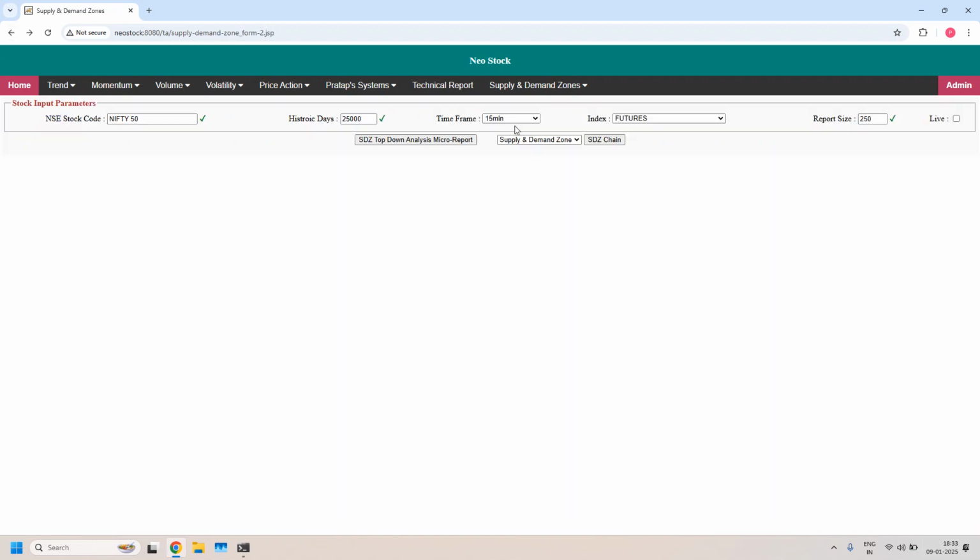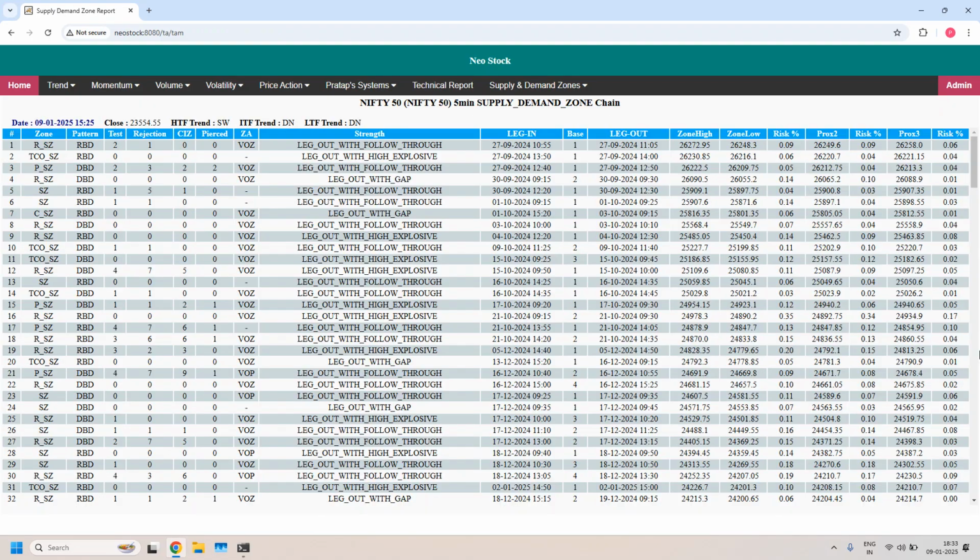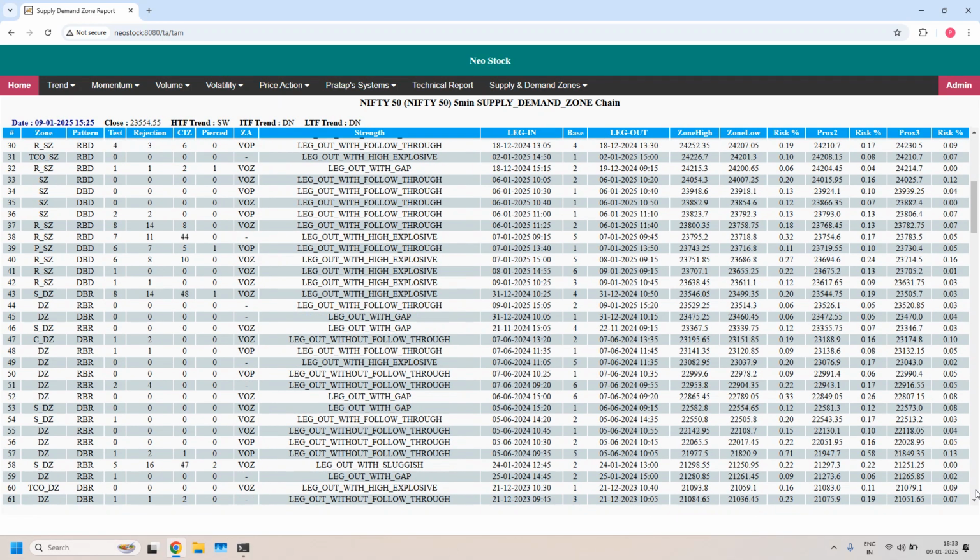Okay, next, 5 minutes supply demand zone chain for NIFTY. All these are all supply zones. So to get the demand zones, I am scrolling the list down.